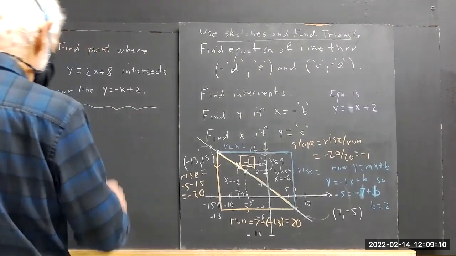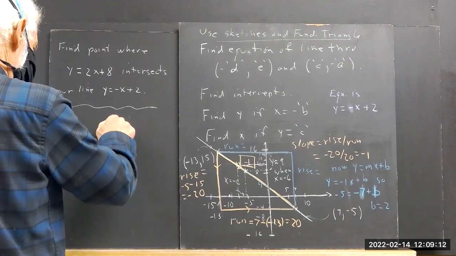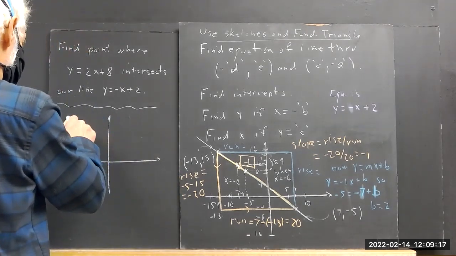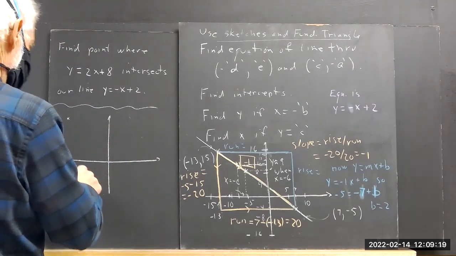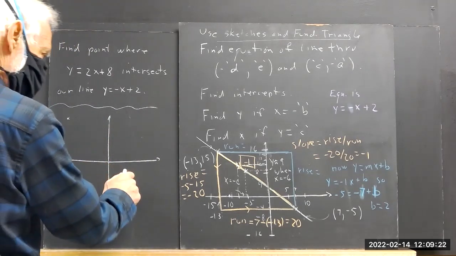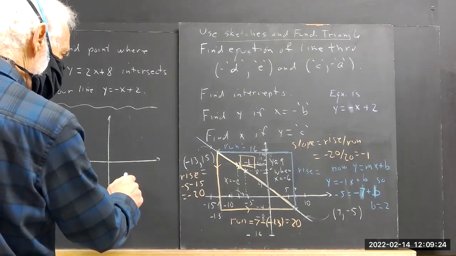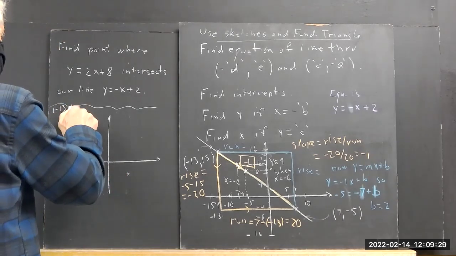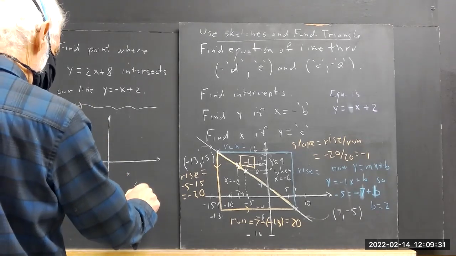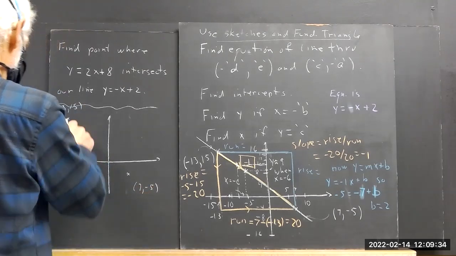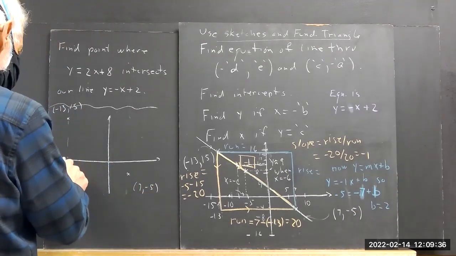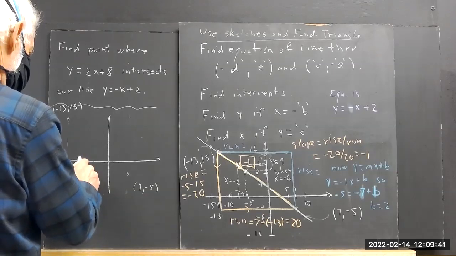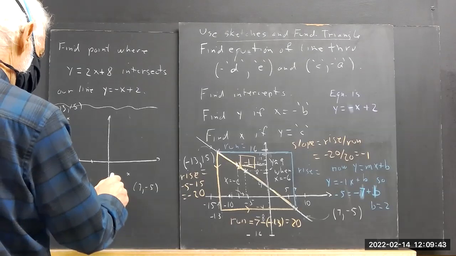Well, my graph is all cluttered up here, so let me draw it again. First, I've got this graph where I've got negative 13, 15 here, and 7, negative 5 about here. So here's 13, so 15 is about here, 10 is about here, 5 is about here.